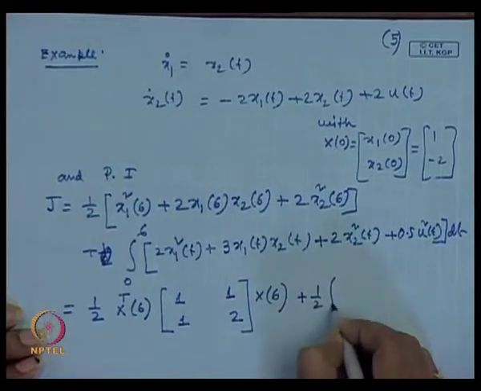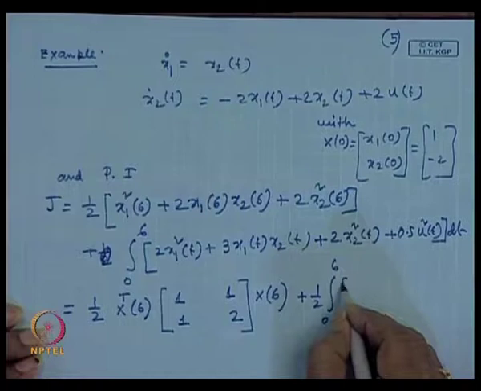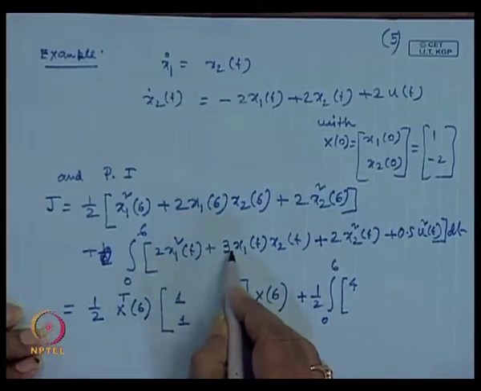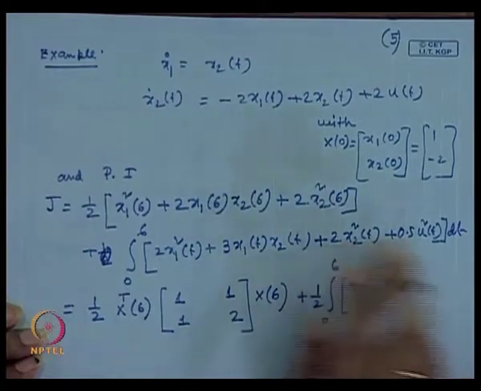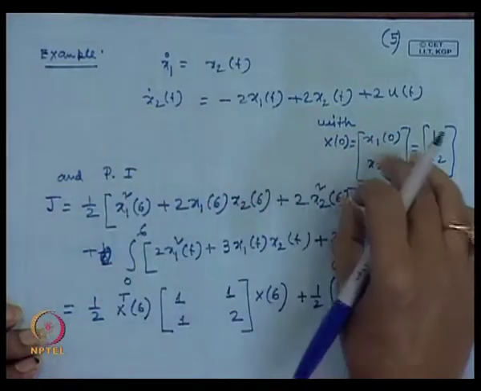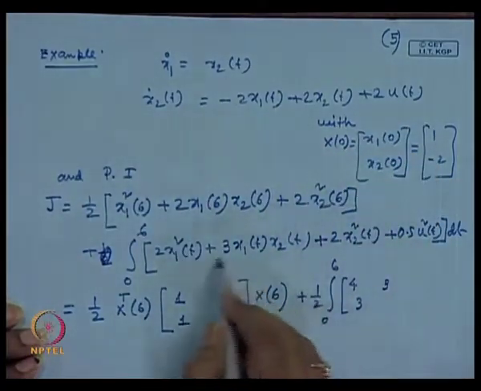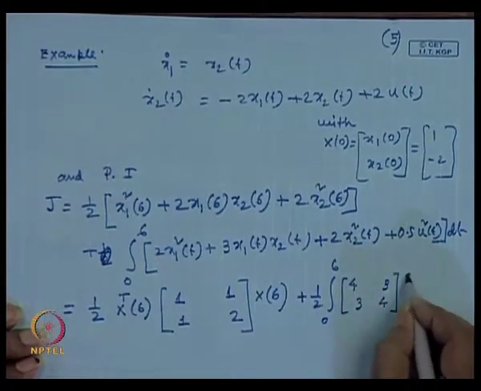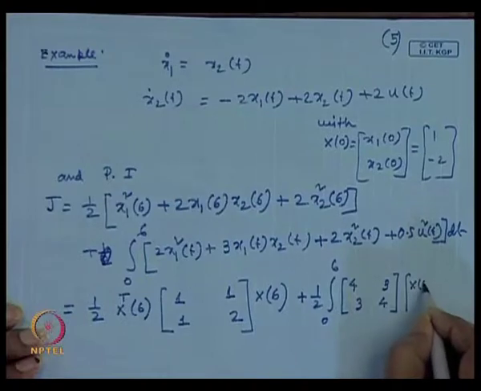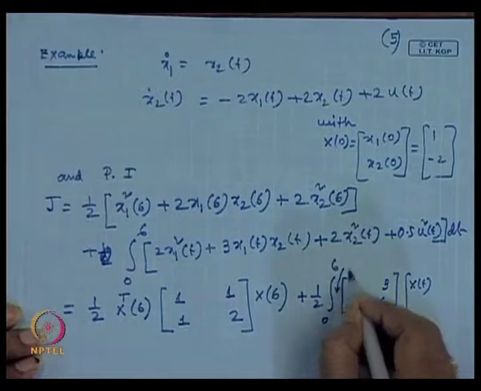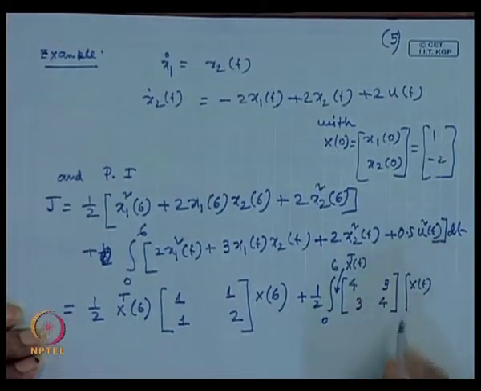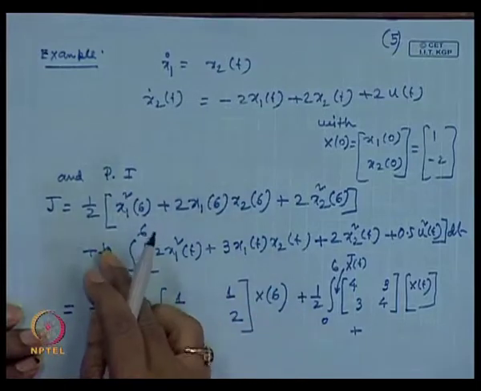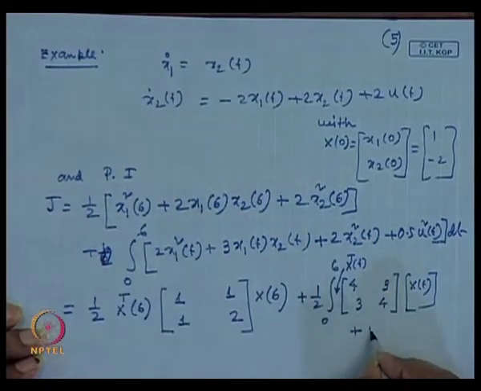So, half integral 0 to 6, this will be 4, then a 6, 3 is here, 3 is here, as we have expressed earlier how to convert a quadratic polynomial into matrix and vector form, and this is 4, multiplied by x of t, here x transpose of t, plus this is multiplied by 2 divided by 2, that means it is u square of t whole dt.